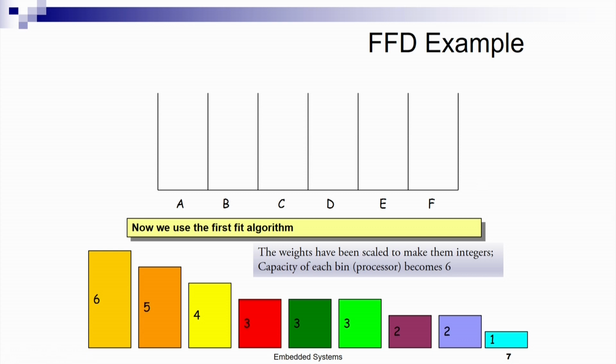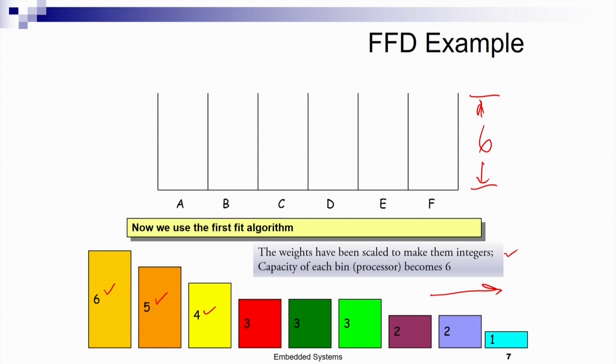The weights have now been scaled, and therefore the task weight which was 1 has become 6, the weight which was 5/6 has become 5, the weight which was 2/3 has become 4, and likewise. So, we have changed all the task weights to integer values, and therefore the capacity of each processor has now become 6.